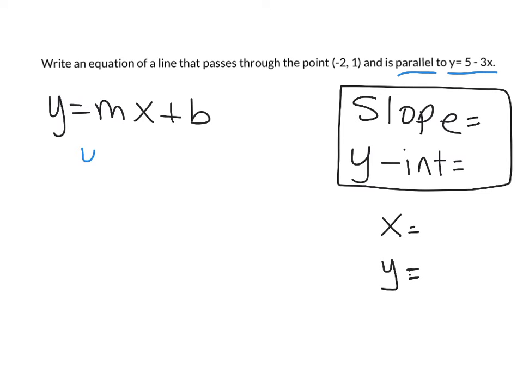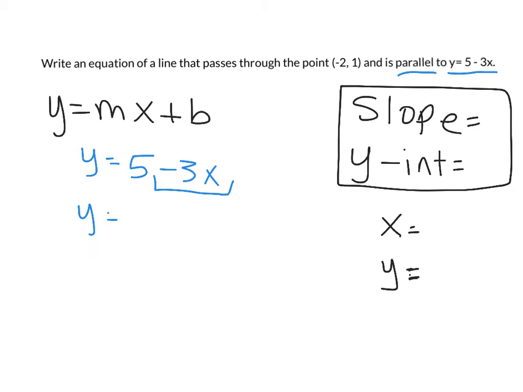So let's take that line, y equals 5 minus 3x, and we want to get it into y equals mx plus b. Right now it appears like it's y equals b plus mx, so we need to rearrange this. This part here, -3x, needs to come first.